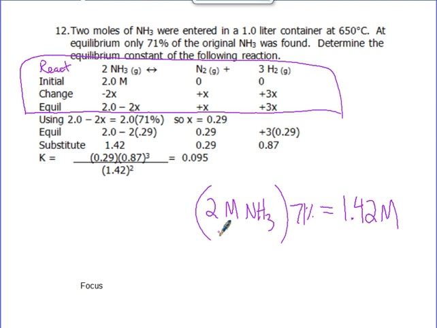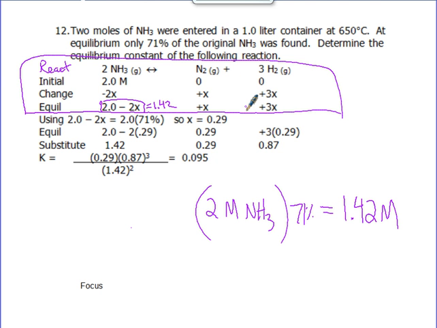So this term here is equal to 1.42, and we can solve for x again. And here I have it written out like 2 minus 2x is equal to 2 times 71%, so x equals 0.29. Now that I know the value for x, I know all of these values for x.